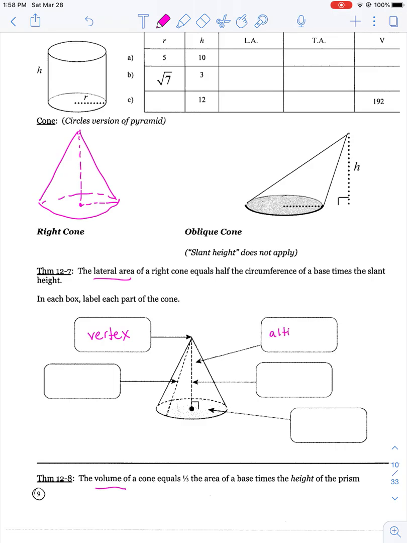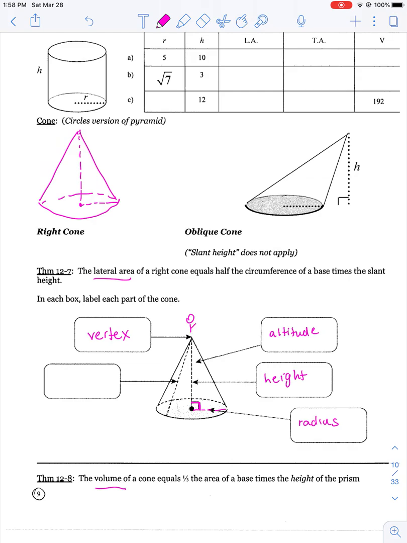The altitude is the line that you would drop to form a right angle, so it is called a right cone because you form that right angle with the radius. When we measure the altitude, it gives us the height of the cone.